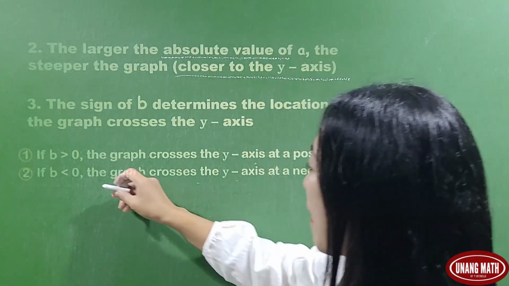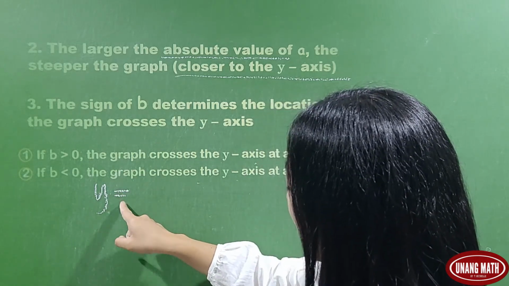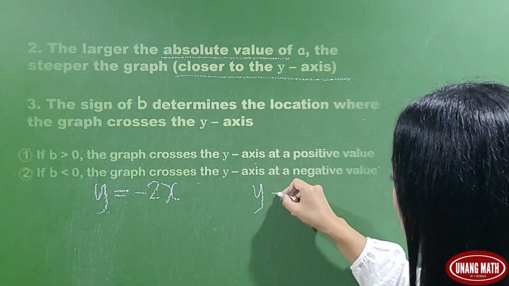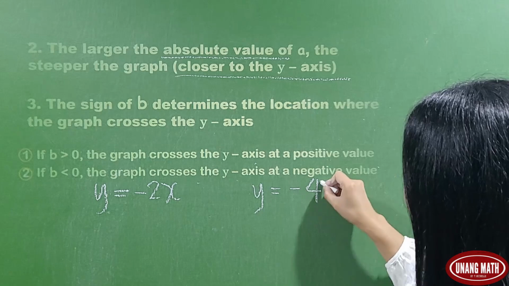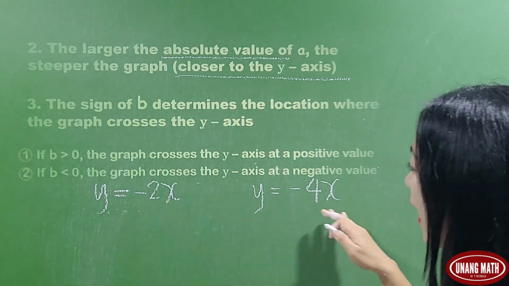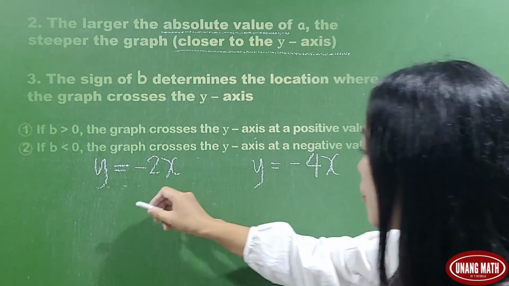Okay, let's give an example. Let's graph this linear function y is equal to negative 2x, and this function y is equal to negative 4x. We know that the graph of these functions passes through the origin.